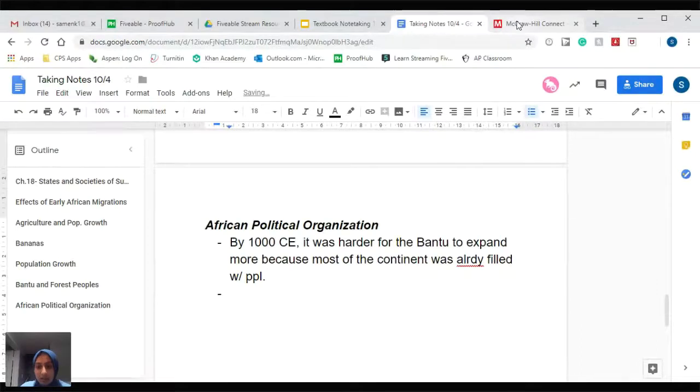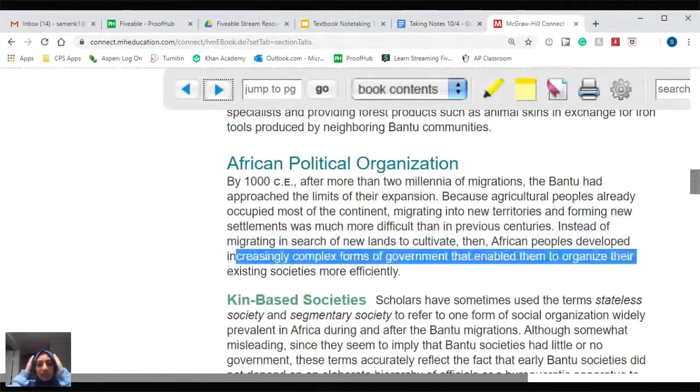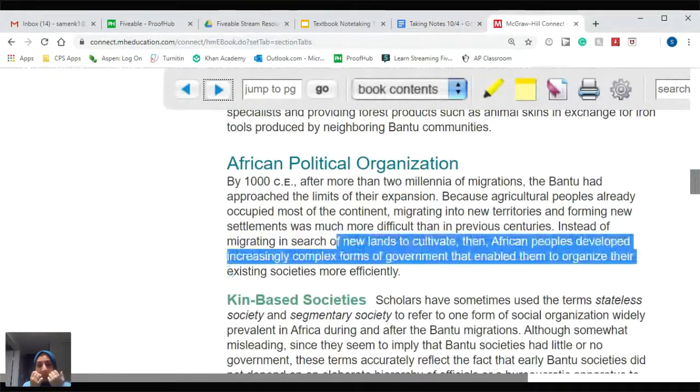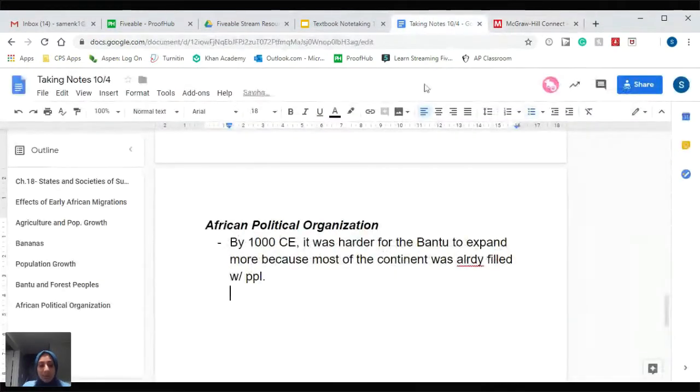So instead of migrating, African peoples developed increasingly complex forms of government that enabled them to organize their existing societies more efficiently. I'm going to make that a sub point under here.